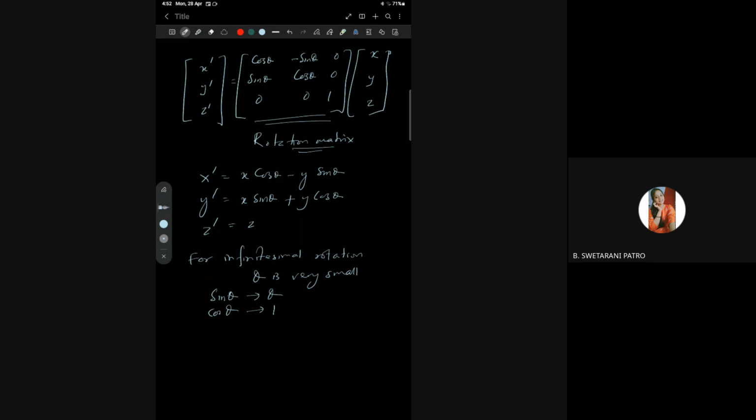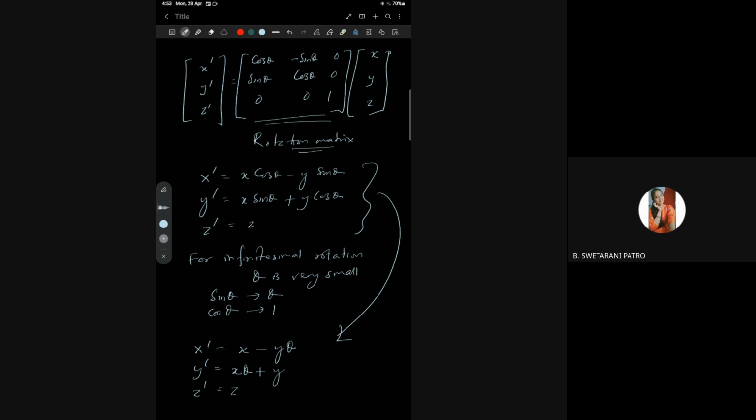Getting my point? So then, these three equations, what can I write? My x prime will be equal to x cos theta, cos theta is 1, so that will be x minus y theta. Similarly, y prime will be equal to x sin theta, sin theta is theta, so x theta plus y cos theta, cos theta is 1, so x theta plus y. And z prime will be equal to z. Clear?